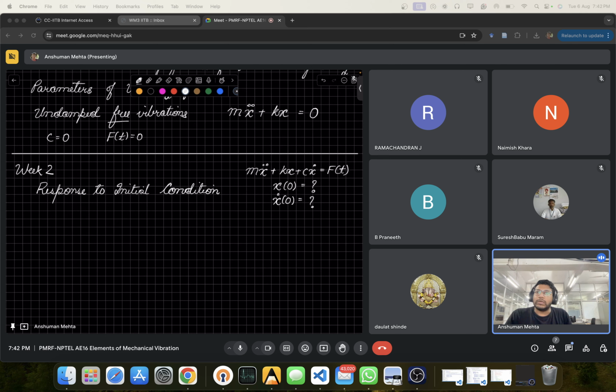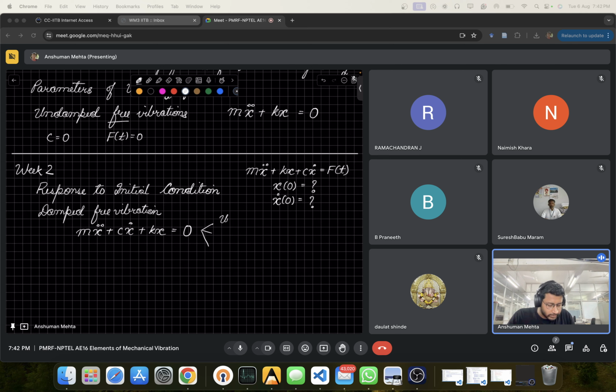Next is damped free vibration. In that there is inclusion of c, free, then still F(t) is equal to 0. Now it is converted into 3 systems.